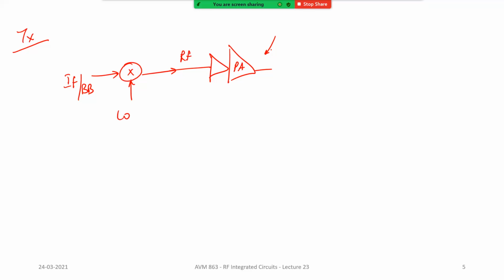Many times you will see fairly good swing even here. So linearity is important, because if you have non-linearity here, that non-linearity will get amplified by the power amplifier also. Linearity is critical, especially if the baseband or IF swing is high.